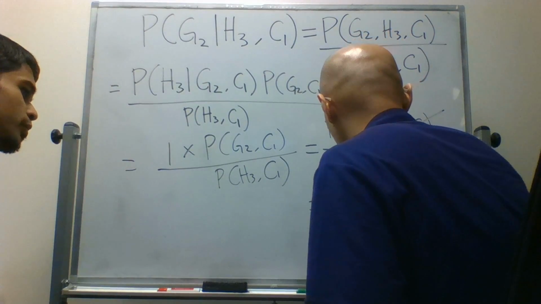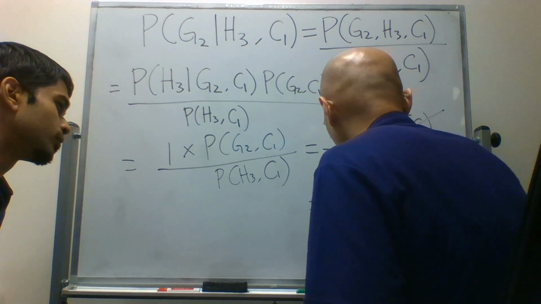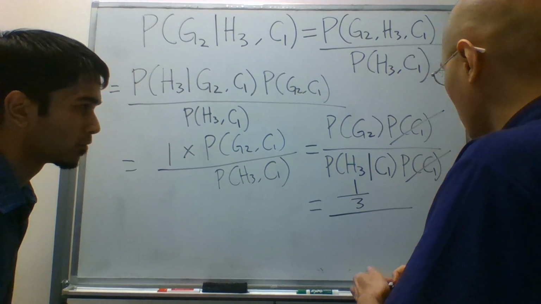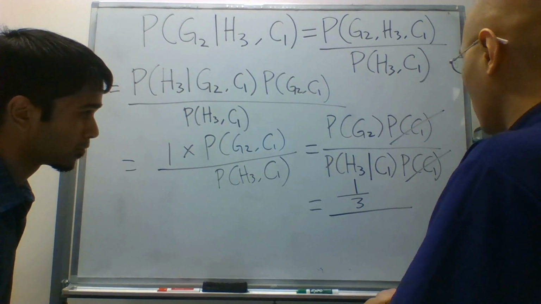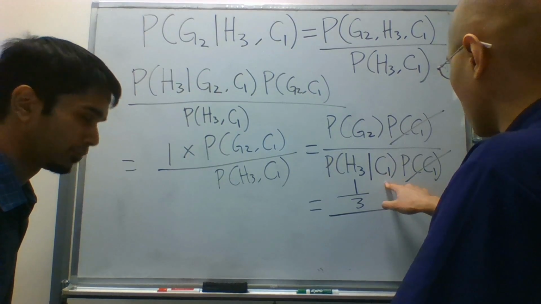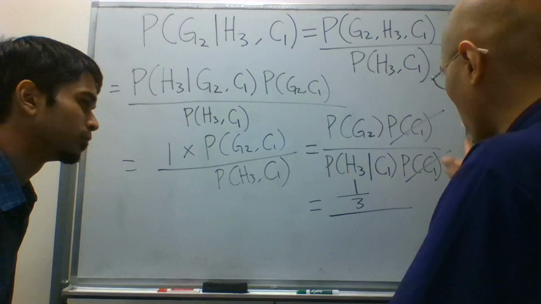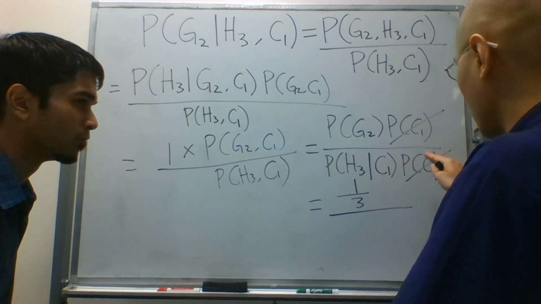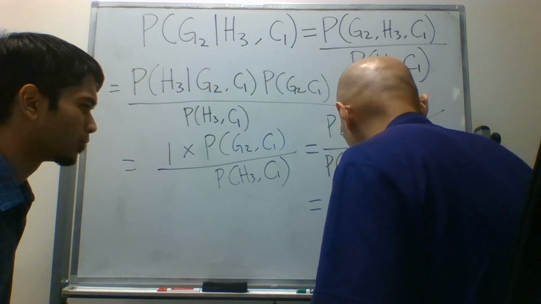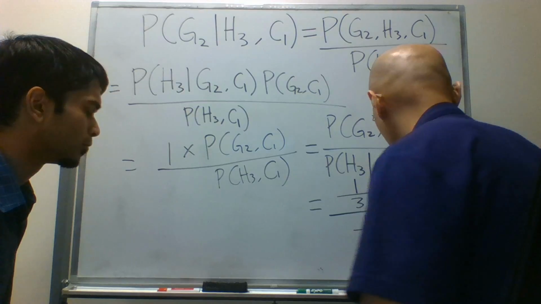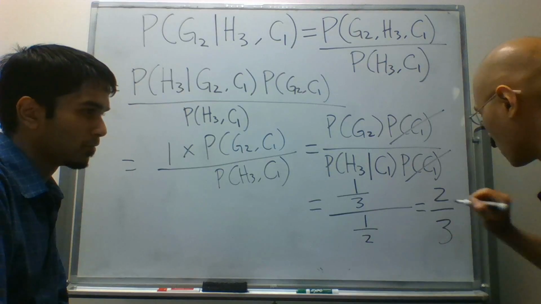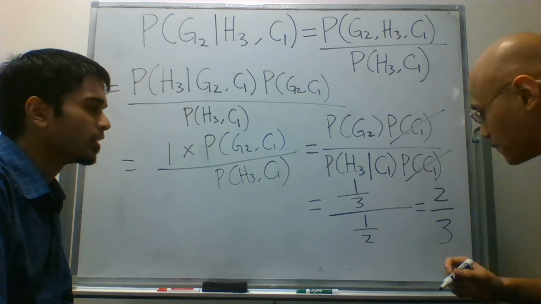It could be any one of the 3 doors. And if the host does not know where the gold is, and the contestant has already chosen door number 1, the host has to choose one door randomly between the 2 remaining doors. The probability of that, as we talked about earlier, is 1 over 2. And this gives us 2 over 3, which is the answer that we got using our first method.